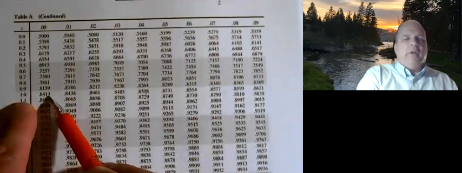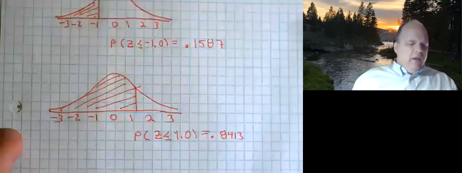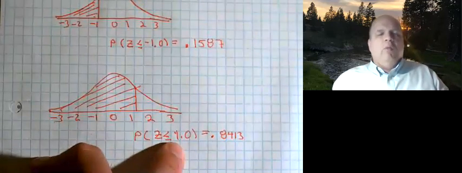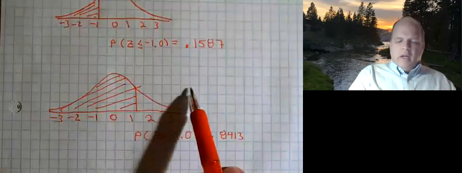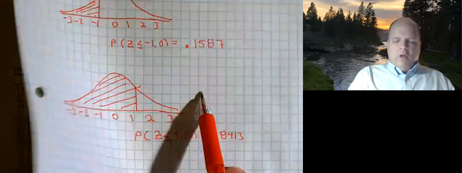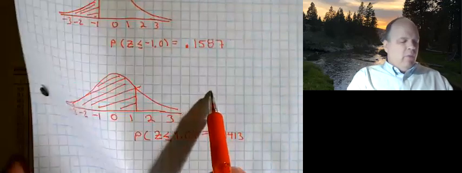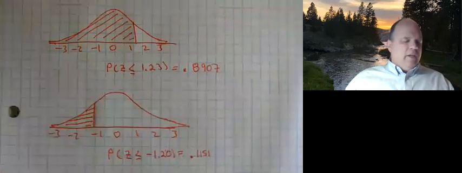That's very easy, 0.8413. All right. So that means 84% of the data is less than 1 z-score away from the mean. Well, those are the ones that are fairly easy to do, the ones that have 1 decimal place to the right.